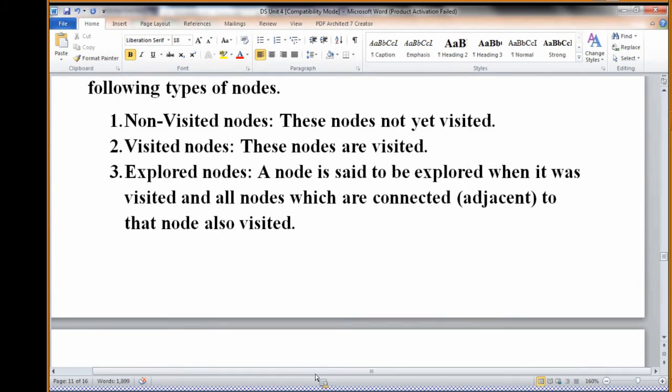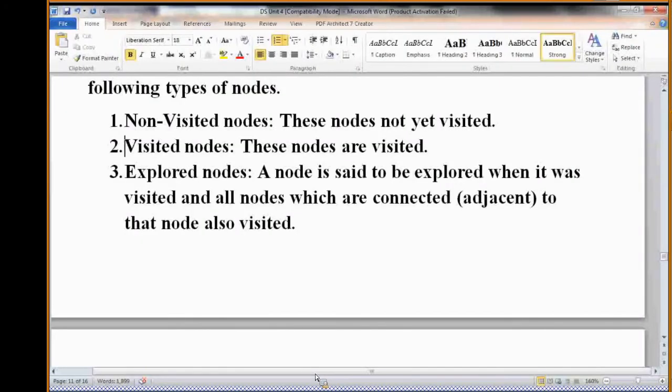This explored check we have to do as per the order you selected, and the algorithm should be the same. That is the main underlying point. So these three are the important information you have to keep in your mind.